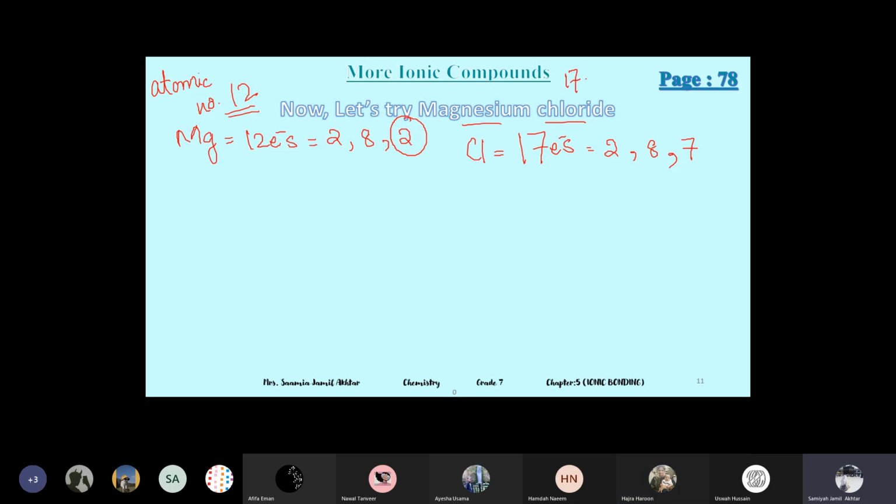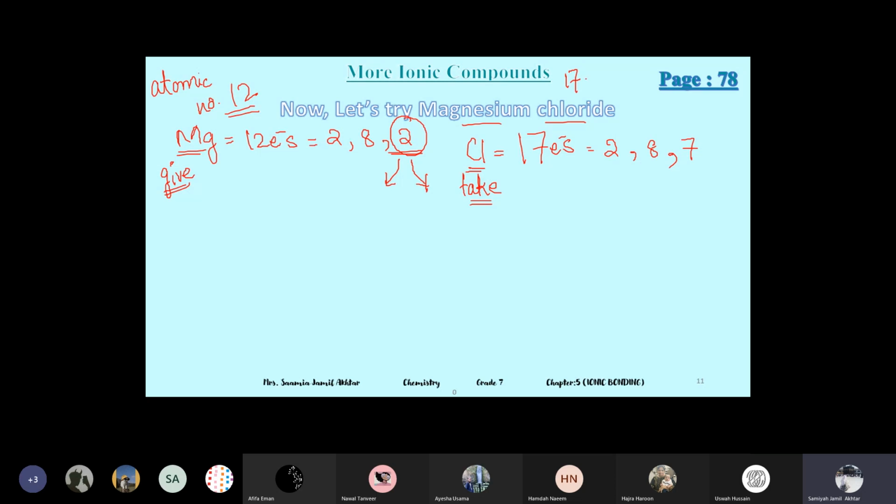We discussed that metals always give the electrons and non-metals always take. So magnesium has the ability to give or donate these 2 electrons.